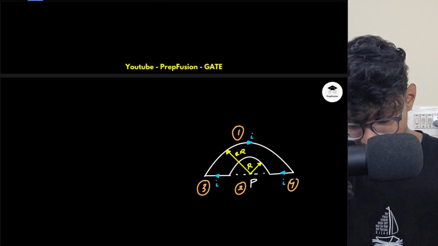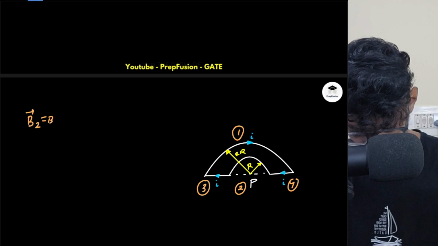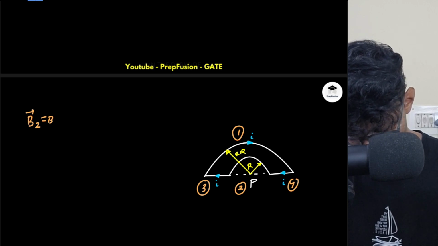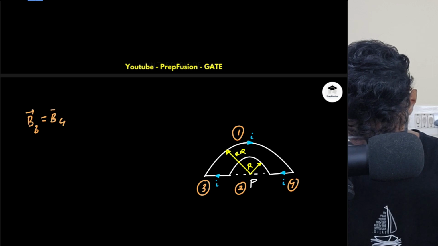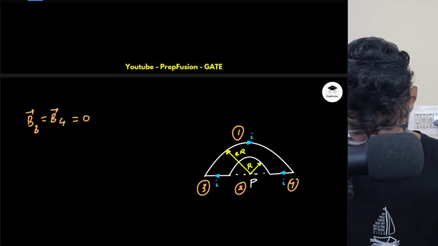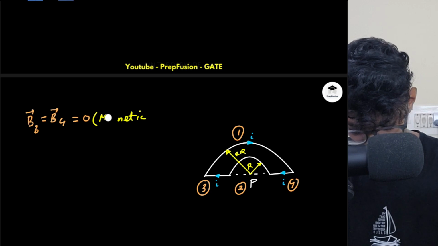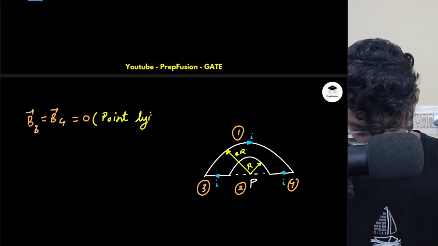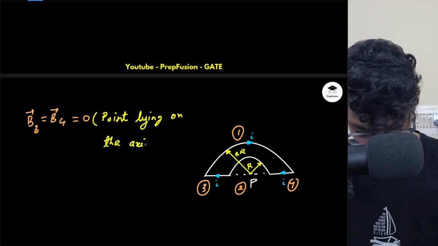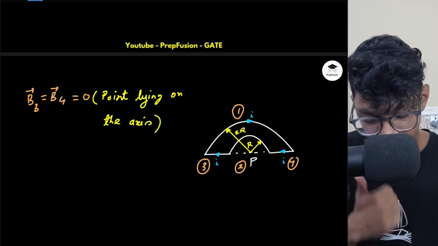So B3 and B4 will be simply 0, like a point lying on the axis, correct?